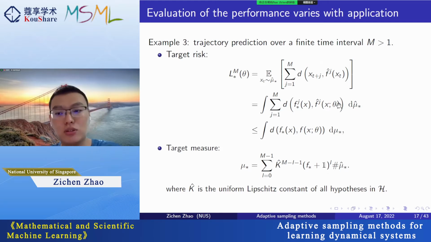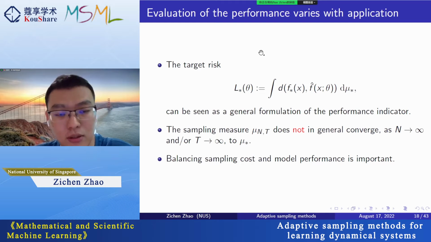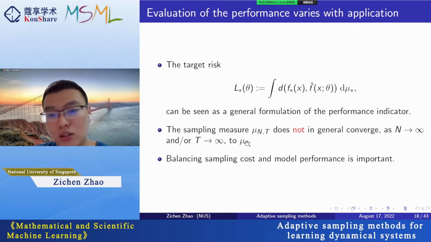So next we have a brief summary. The target risk L star, which depends on the choice of mu star, can be seen as the general formulation of the performance indicators, right? And the sampling measure mu_n^T does not in general converge to the target measure mu star as n or T goes to infinity.